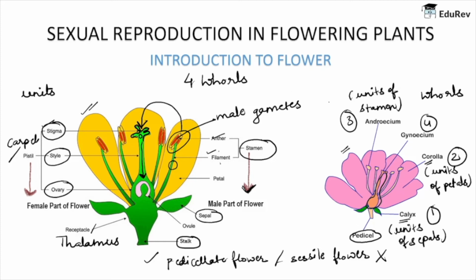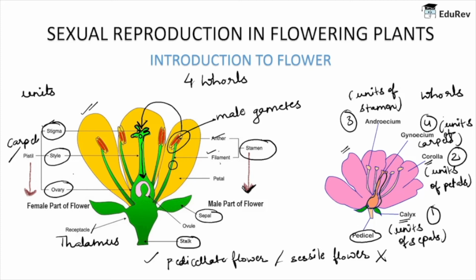And in the case of the gynoecium, it has units of carpels, which are further divided into stigma, style and ovary.